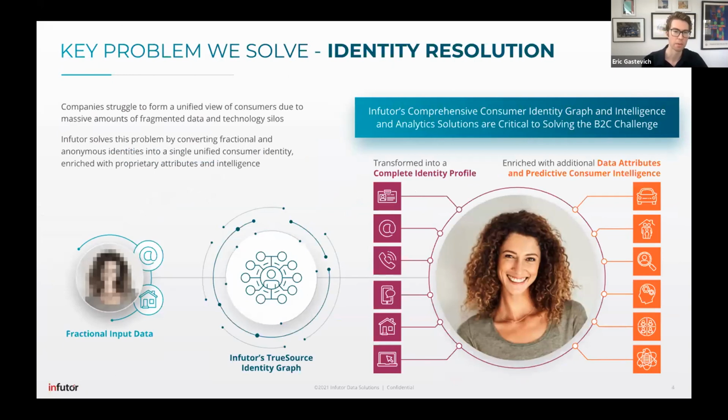So, common we see from our partners and clients, first-party data that looks like what it looks like on the left. So maybe just an email, maybe just a street address, maybe some light demographics. And you can imagine how accurate a model, and certainly how precise a model, might be built off of a sample set of data that looks like that versus what you see on the right.